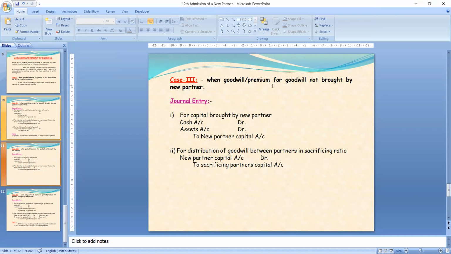So if he did not bring any amount for goodwill, we will only pass the journal entry for capital, not goodwill.